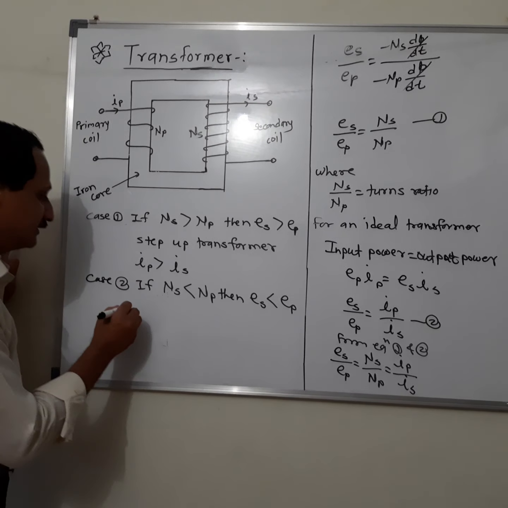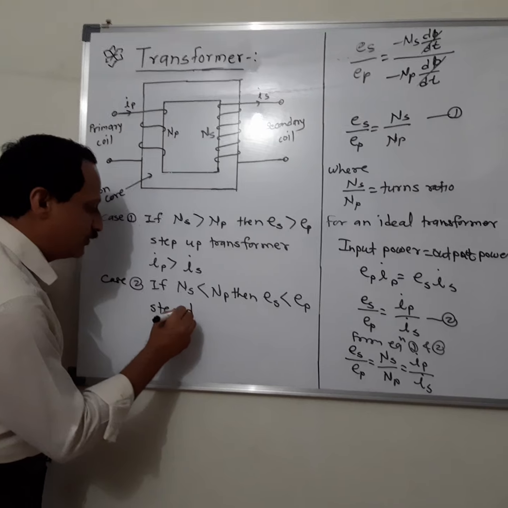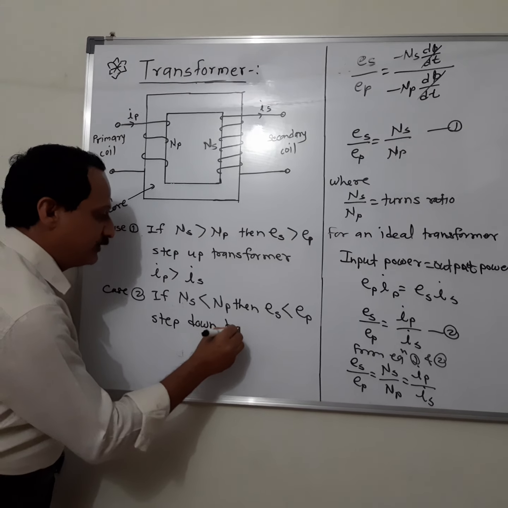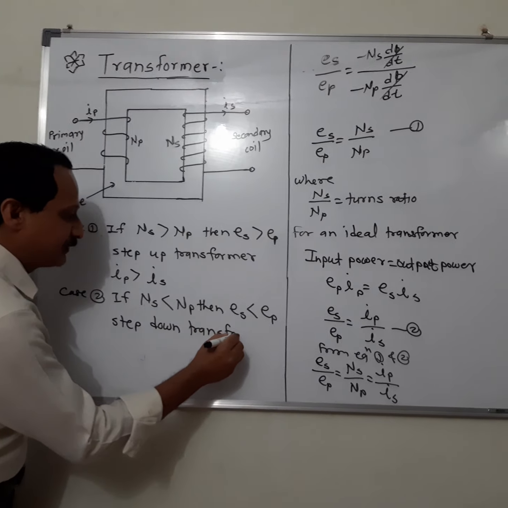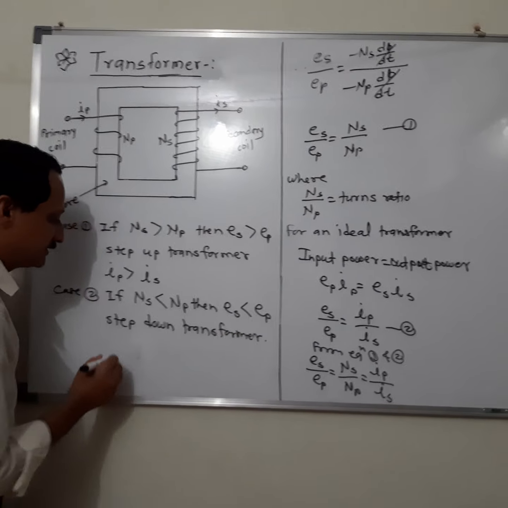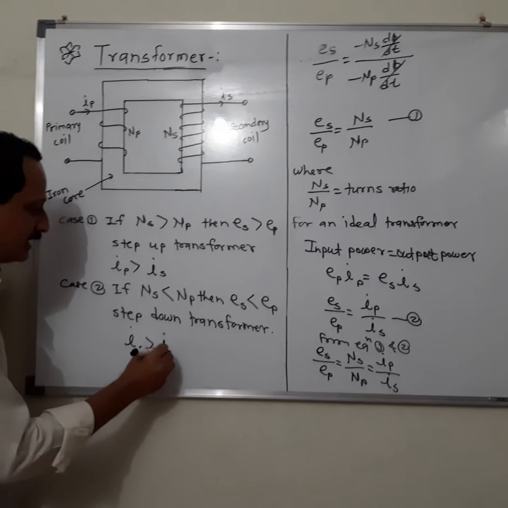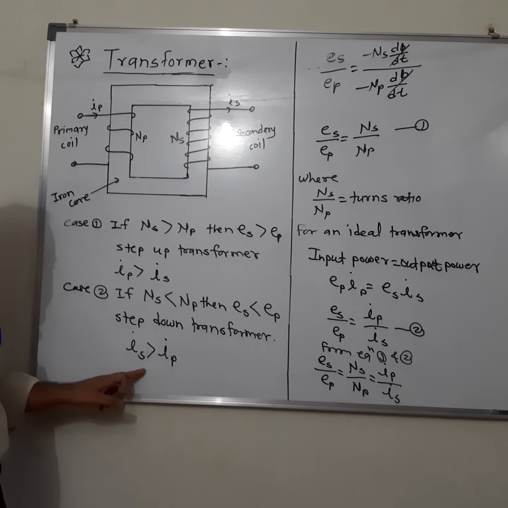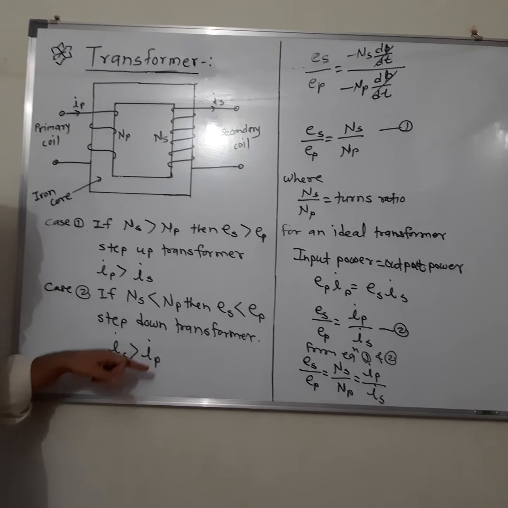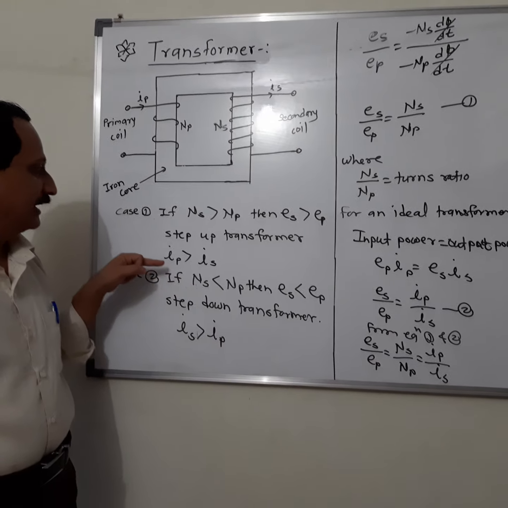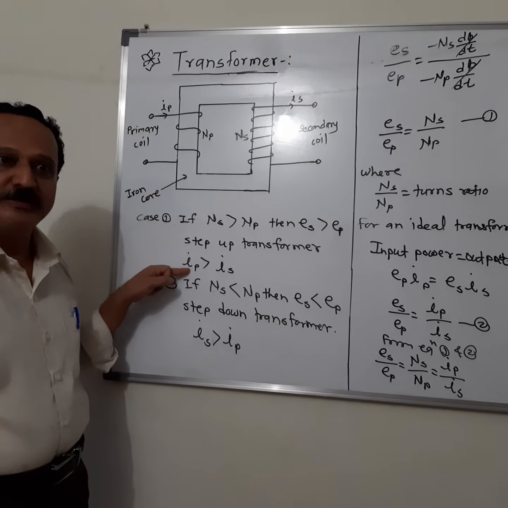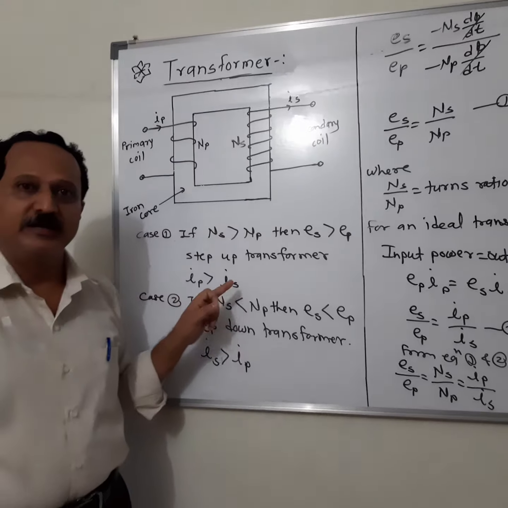This is called a step down transformer. Step down means voltage decreases and step up means voltage increases. And for this step down transformer, IS is greater than IP, meaning current in the secondary is greater than current in the primary. And for step up, current in the primary is greater than current in the secondary. Thank you.